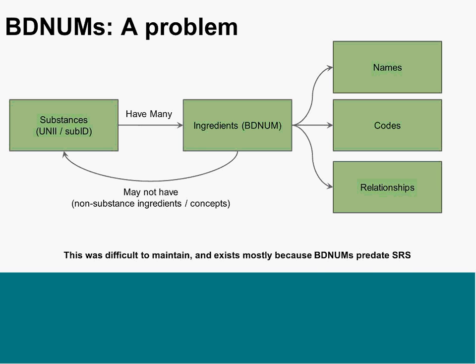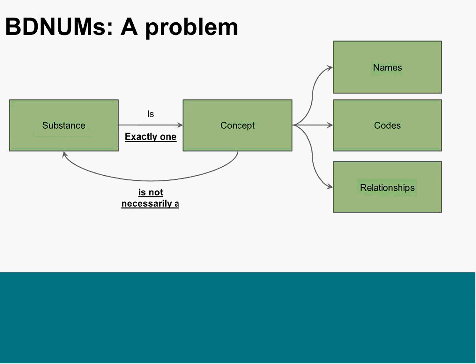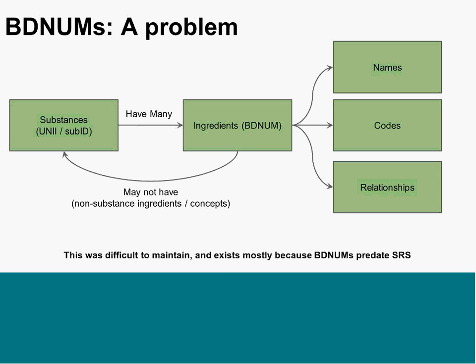So to explain this, substances may have ingredients. They call them ingredients because they may be more specific or less specific than a substance tends to be. And ingredients may have many substances. You have ingredients which have a substance pointed on top of them. These tend to be the things that we consider concepts in GInAS, like purities and so on, or just the concept of lecithin.